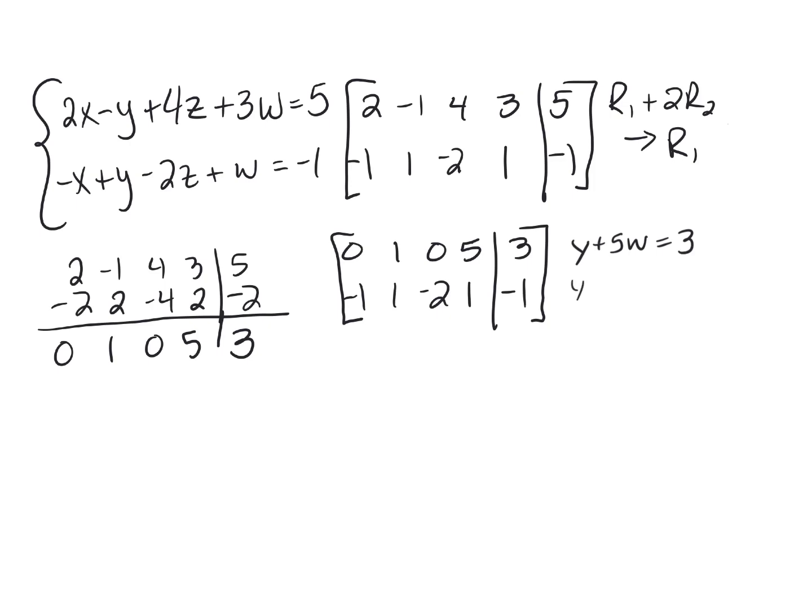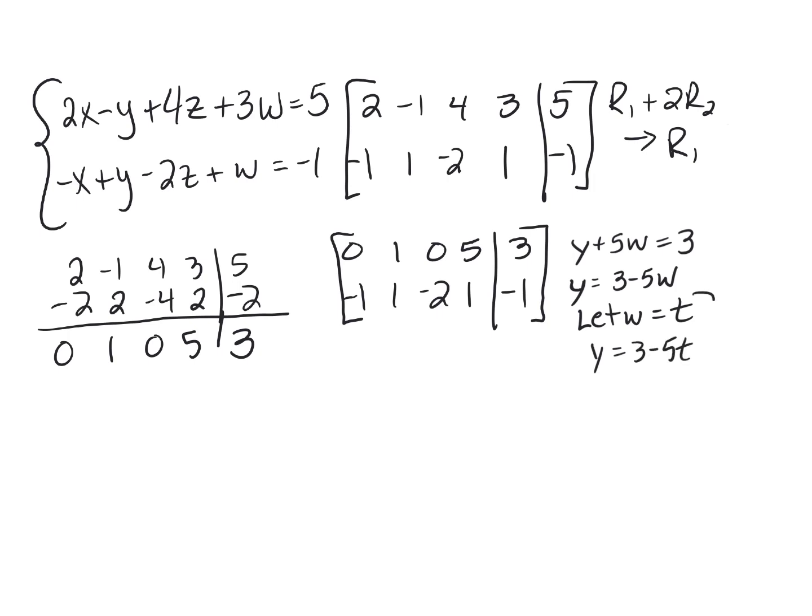So y equals 3 minus 5w. It would make sense to let the w be one of my parameters. So I'm going to let w equal, let's start with t and see where it goes. That means that y equals 3 minus 5t.